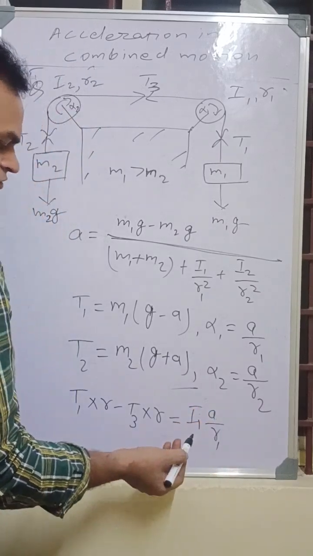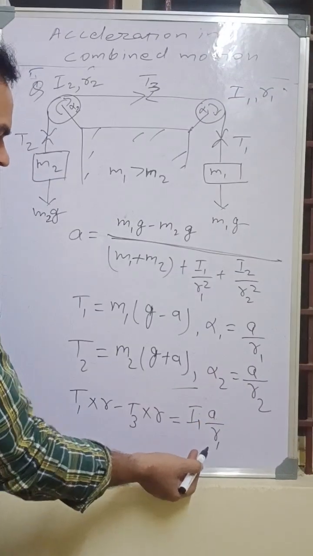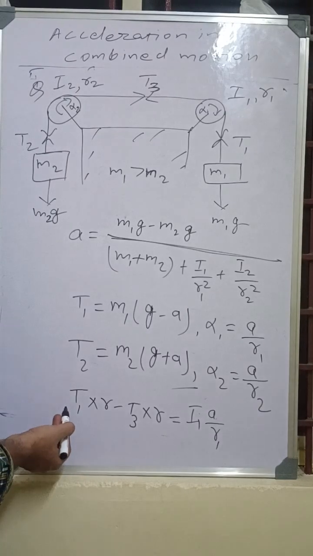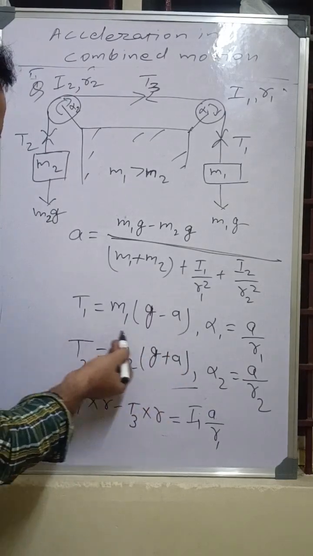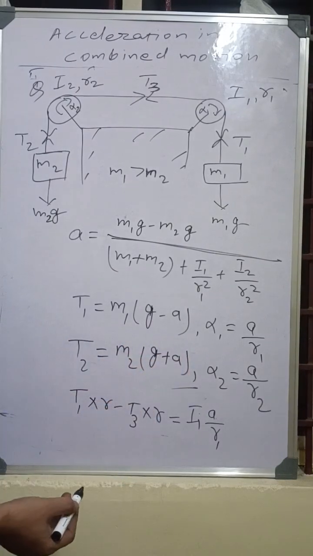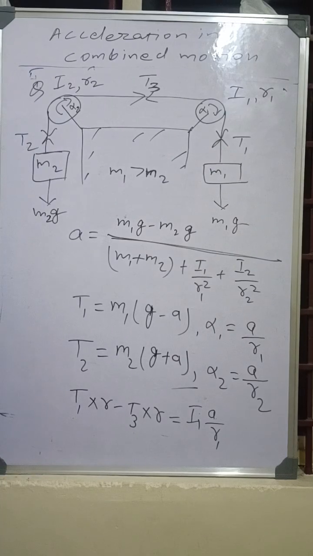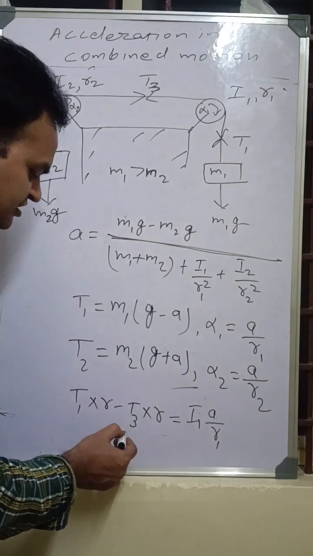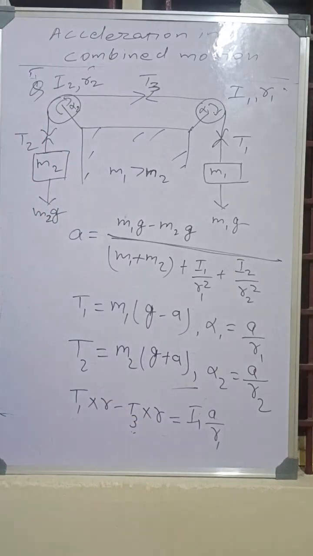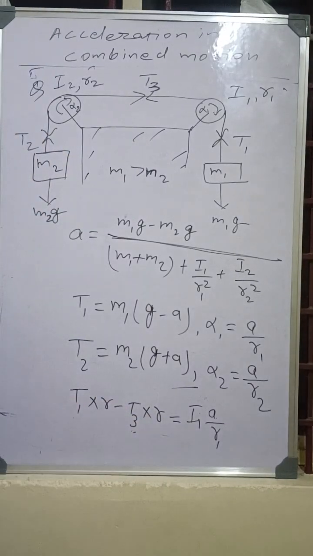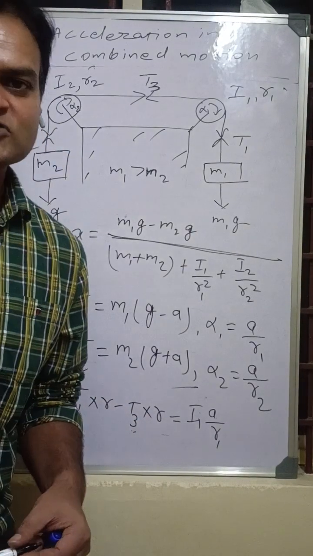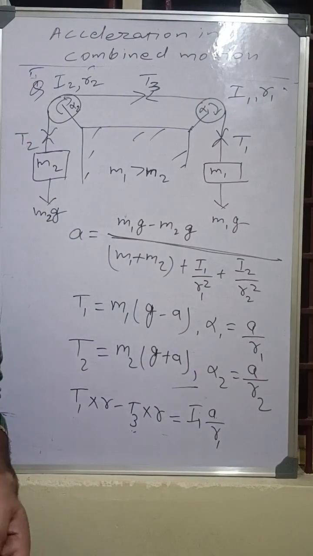We have the A value, we have I1 and R1 also, and we have the T1 value. You have calculated the T1 value, so put the value of T1 here. Only T3 is unknown, so we can easily calculate the T3 value from this equation. So you have observed how we can write acceleration directly.